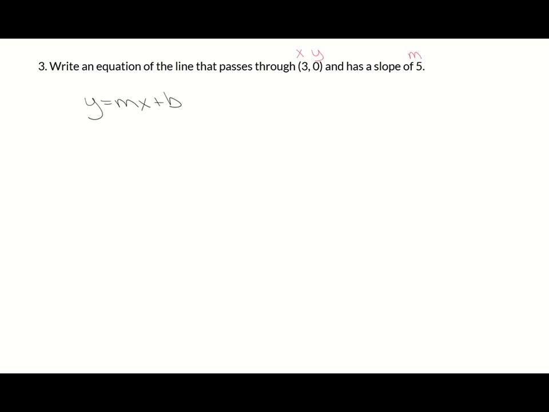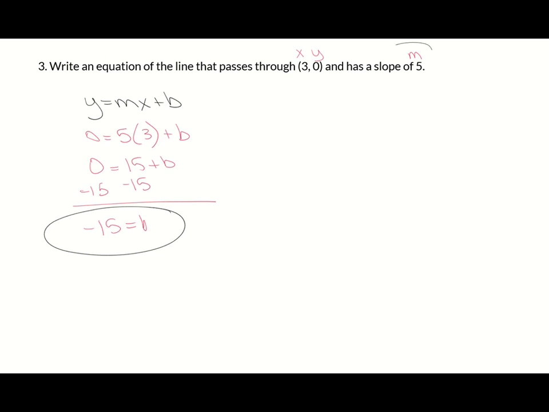So I'm going to plug in all those values. So when I do this, I would get 0 equals 5 times 3 is 15 plus b. Subtract 15 from both sides, and I get -15 equals b.